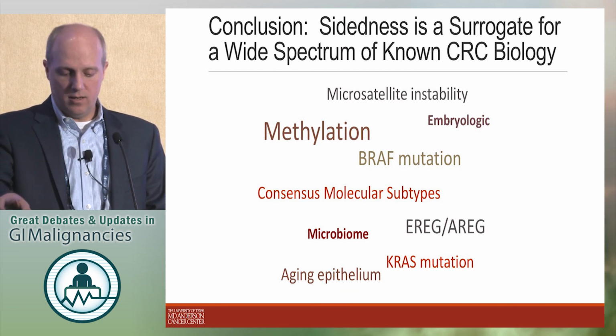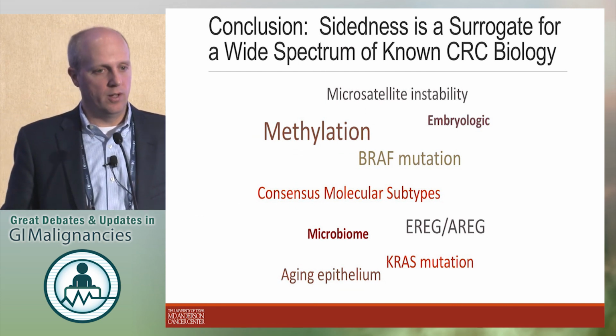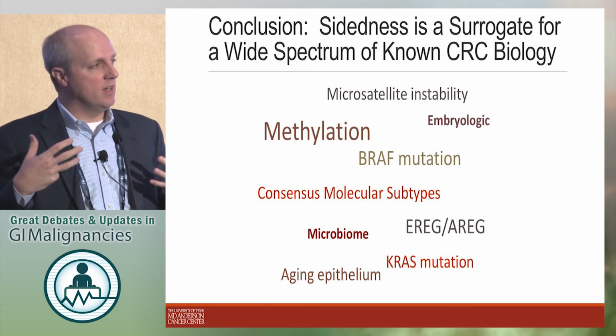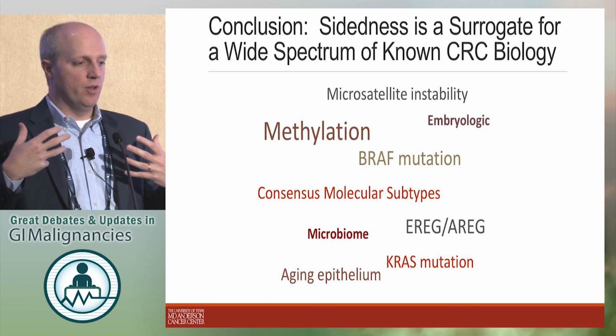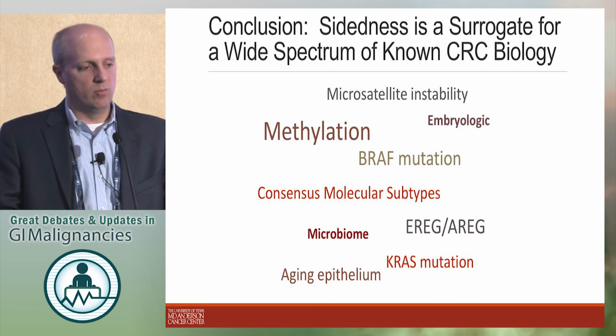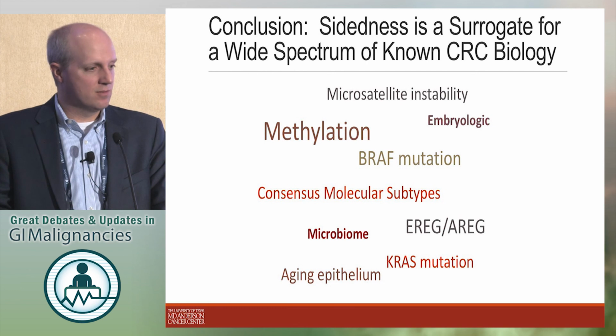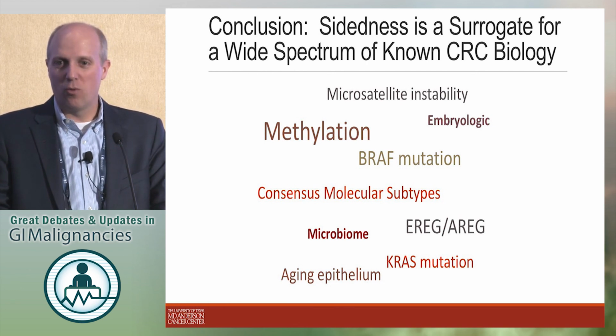So I think we can conclude on the basis of that when we talk about sidedness, that it really is a surrogate for a wide spectrum of known biology. It's, as has been termed, the poor man's biomarker that really incorporates all of that.